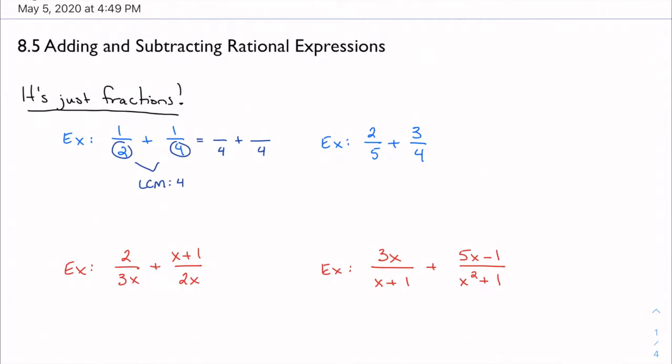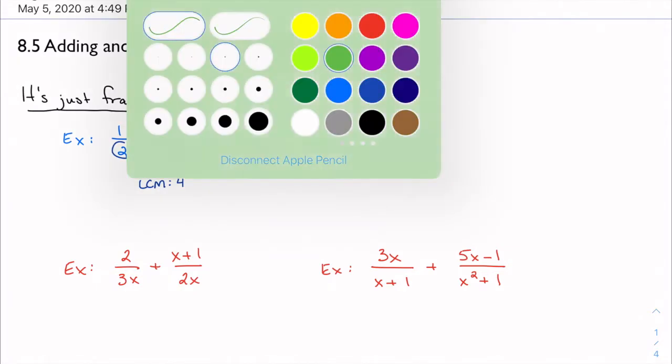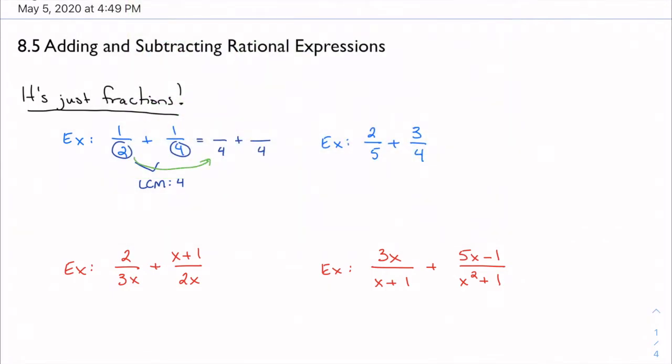Well, I multiplied by 2, right? To get from 2 to 4, I multiplied by 2. So to get from 1 to whatever goes in the numerator, I multiply by 2. I didn't change 4, so I'm not going to change the second one. I'm going to add these together and get 3/4.